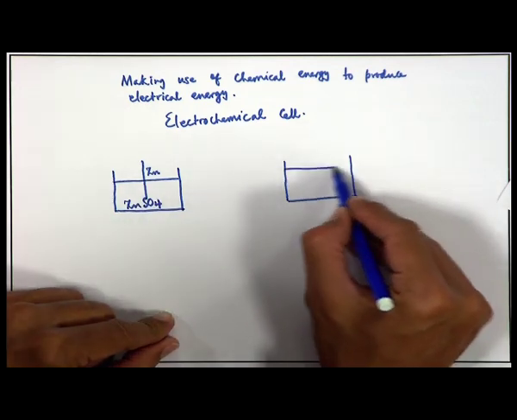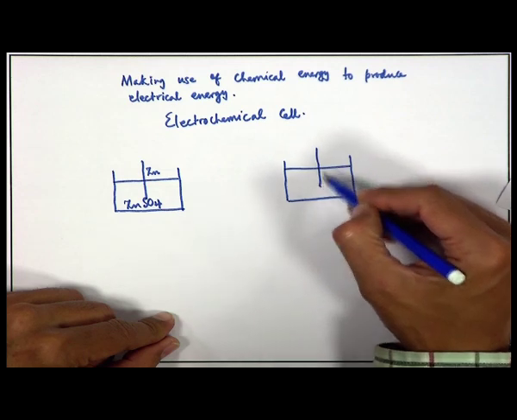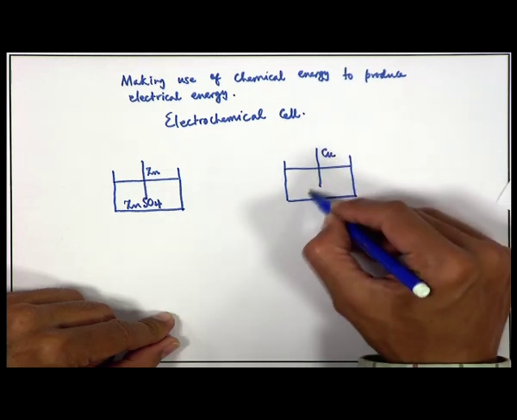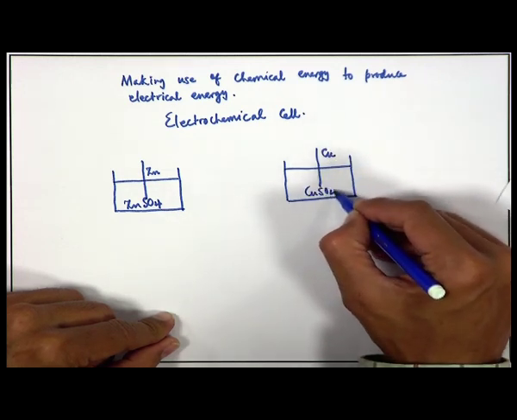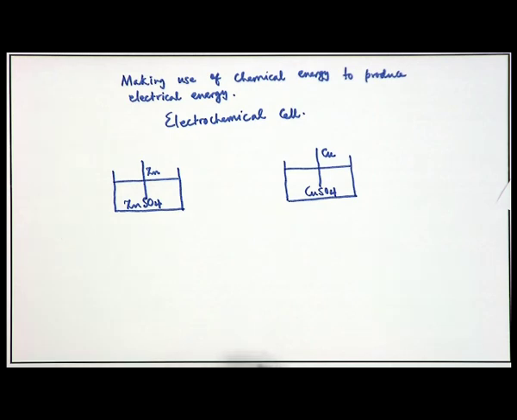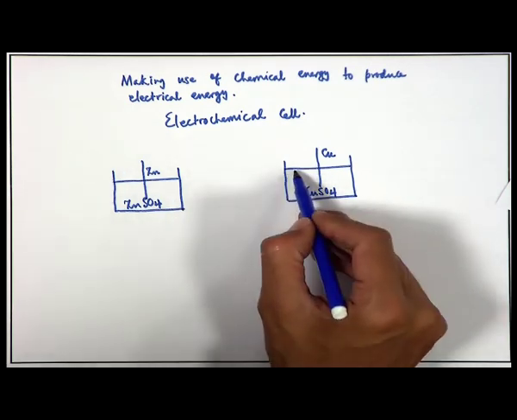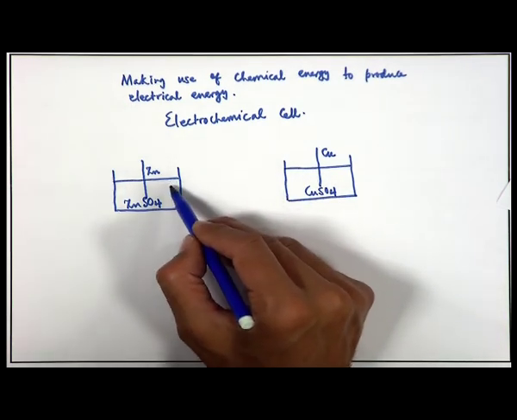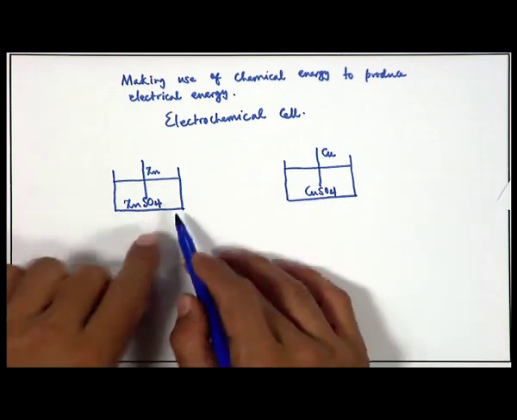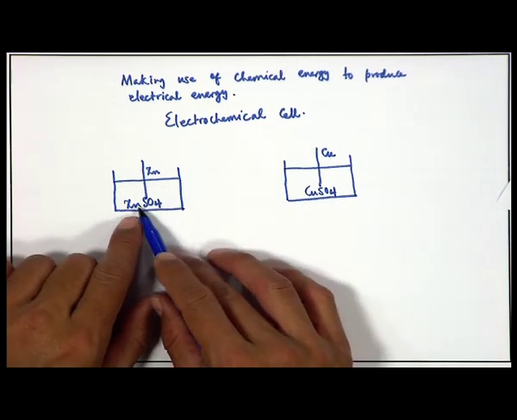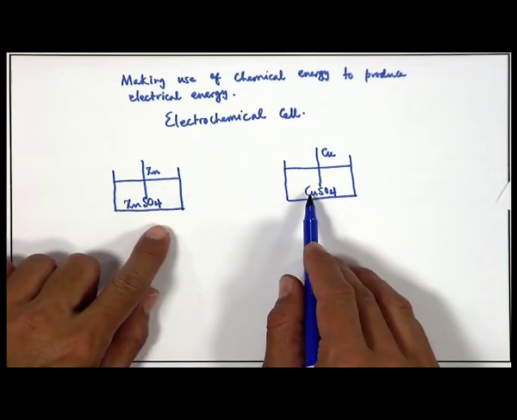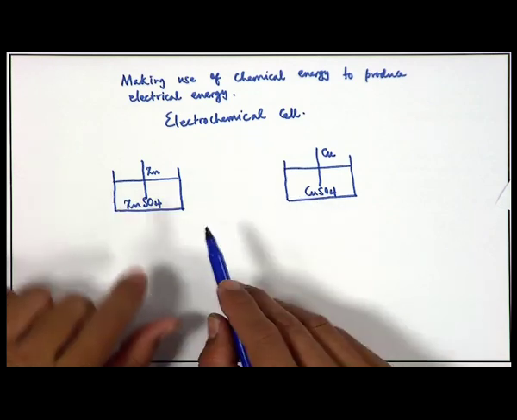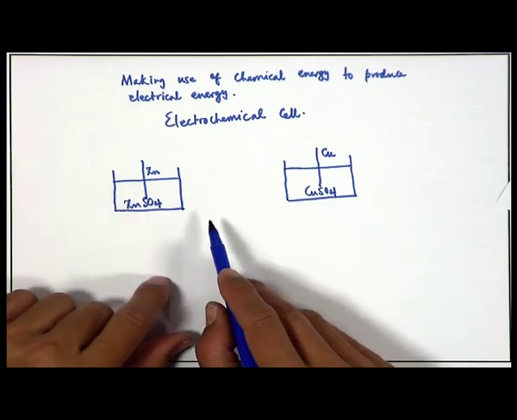In the other beaker you have a copper rod dipped into copper sulphate solution, and then you join these two solutions. Basically, if you just mix them, then zinc sulphate and copper sulphate will freely mix, and then the situation will rather be more complicated.